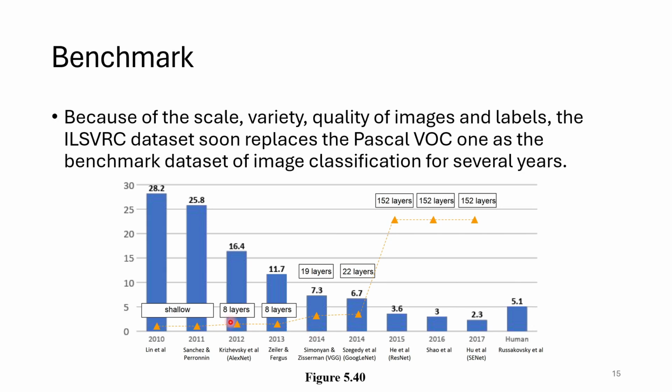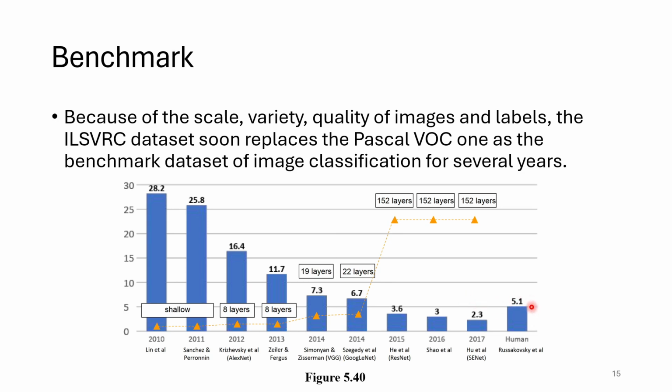For the ILSVRC dataset, this shows the winner of the challenge year by year. ImageNet was compiled and released in 2009, and they hosted the challenge from 2010 to 2017. As you can see, year by year, researchers developed better classification algorithms to attack the challenge and generated better and better results.